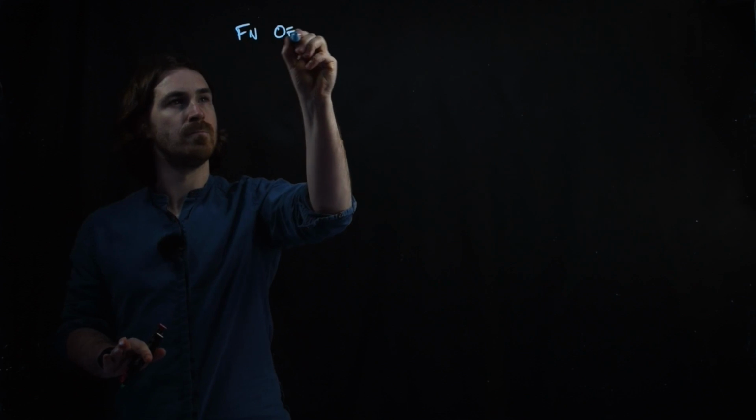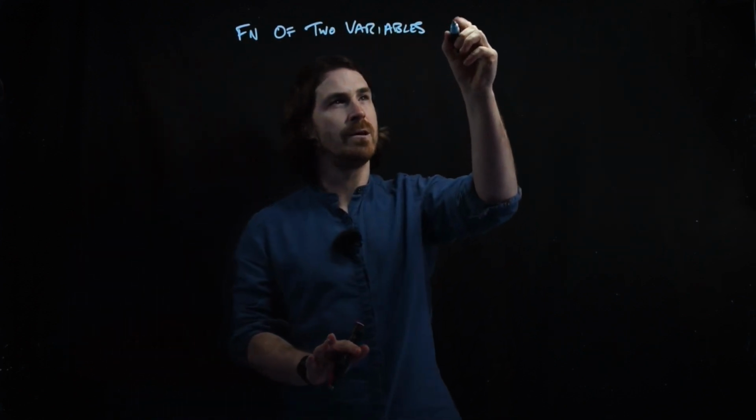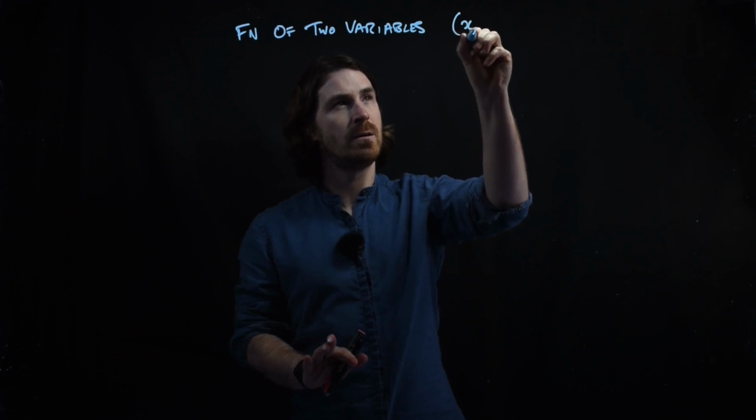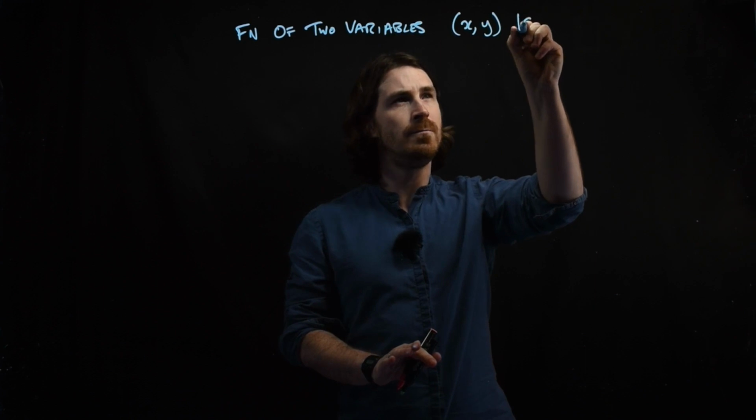A function of two variables. Okay, well, let's take the natural starting point. A function of two variables, and let's call the variables x and y, is a rule.